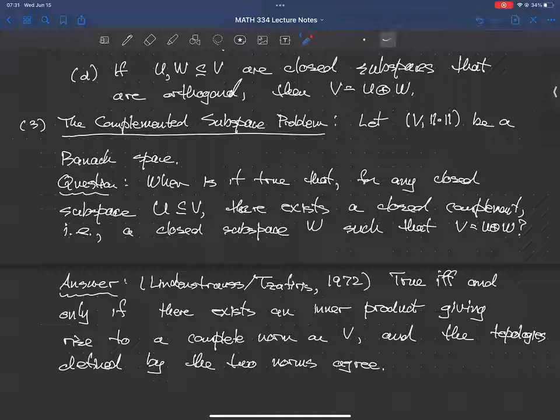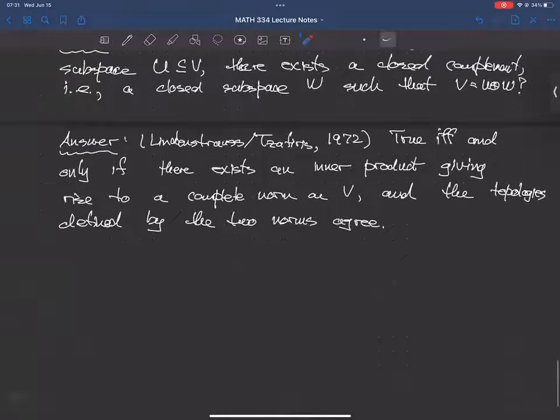That doesn't mean the norm necessarily itself comes from an inner product, but it means there's another norm coming from an inner product which gives the same topology. Okay, so that's a property of Hilbert spaces: in the class of Banach spaces, it's Hilbert spaces which have this complemented subspace property. Okay.